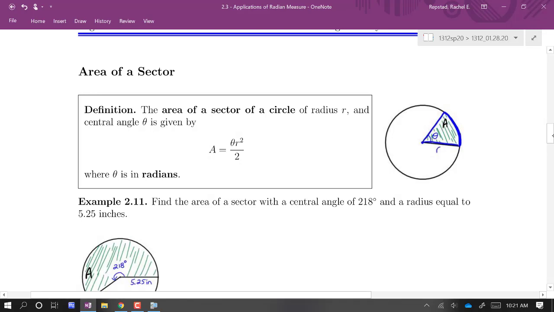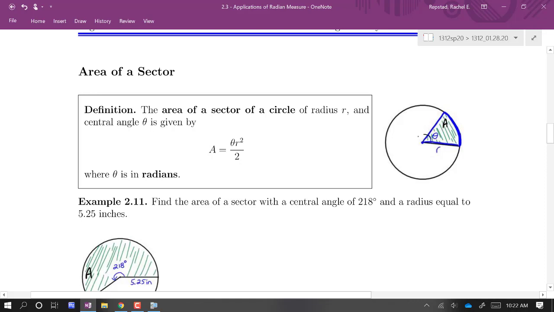And if I wanted the area of a whole circle, what would the measure of that angle have to be? The whole circle, we just answered this question. 2 pi radians.